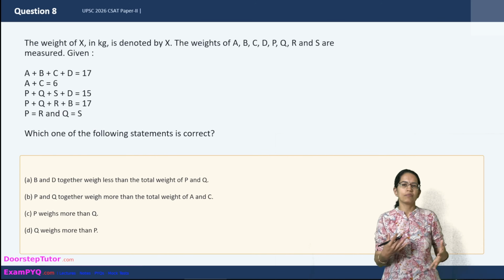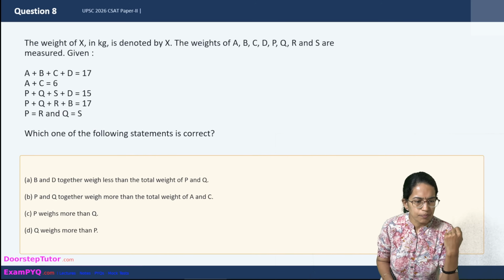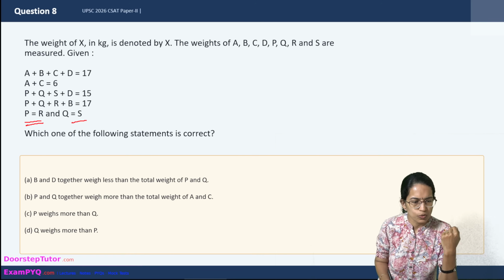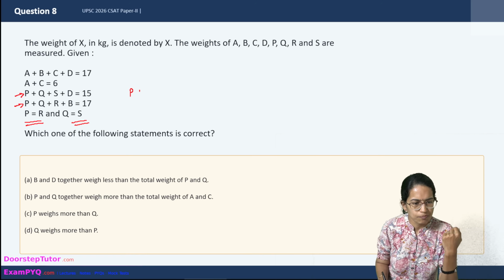The next question is a very simple question. You have to simply do the maths here. Now here P is equal to R and Q is equal to S. So I have P plus 2Q plus D is equal to 15, and here I can say P is equal to R. So that means this is 2P plus Q plus B is equal to 17.